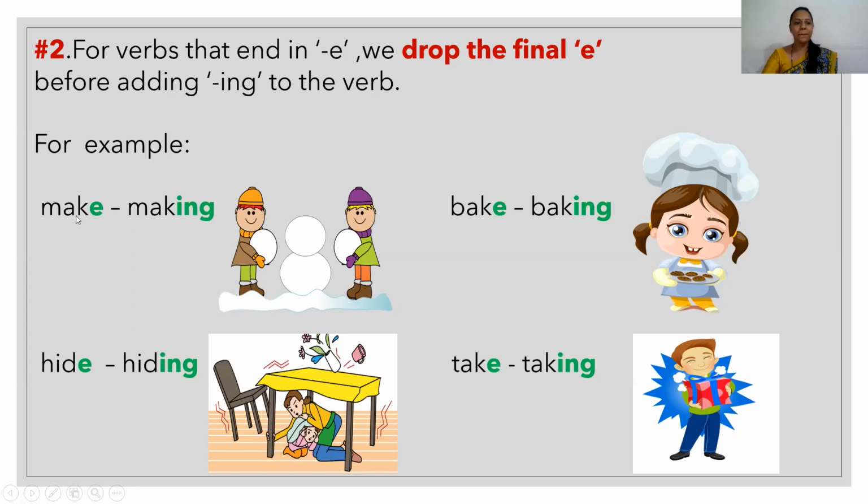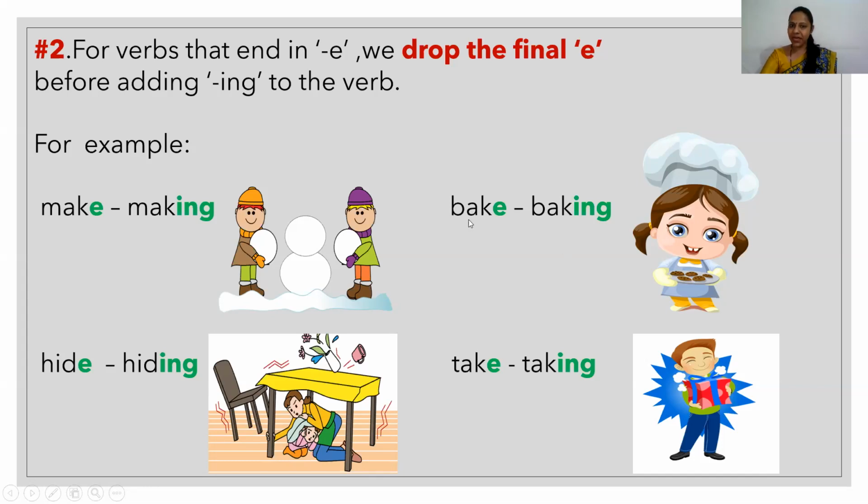For example, make, M-A-K-E. Since there is an E at the end, we will drop this E. Okay, see here, we haven't added this E, we have dropped it. Yes? And simply add ing. So, the verb make becomes making in its ing form. M-A-K-I-N-G.